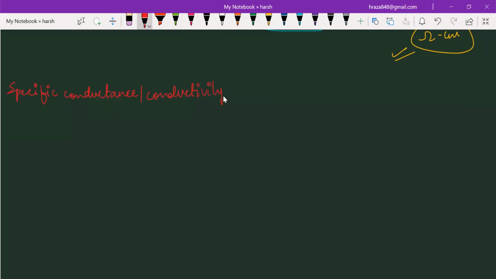This is denoted by the letter kappa. Do you know what it is? It is the reciprocal of resistivity.